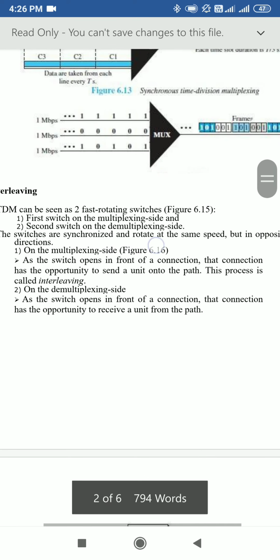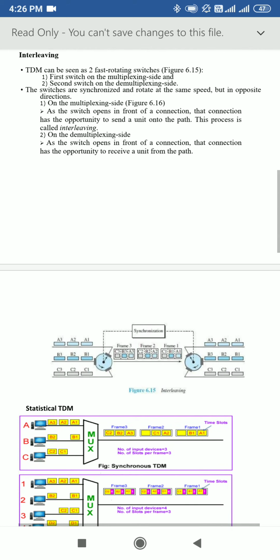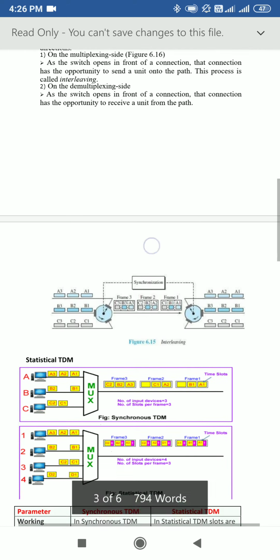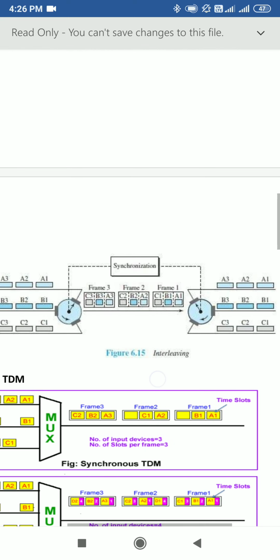Now again in the synchronous TDM there is another concept called interleaving. Now we'll see what you mean by interleaving. To study the concept of interleaving, you can just consider this diagram. The circles, or the round ones, are nothing but the rotating switch.